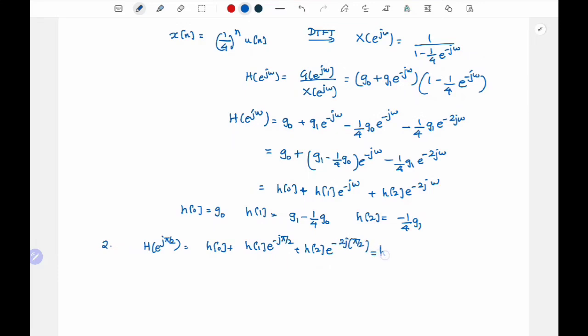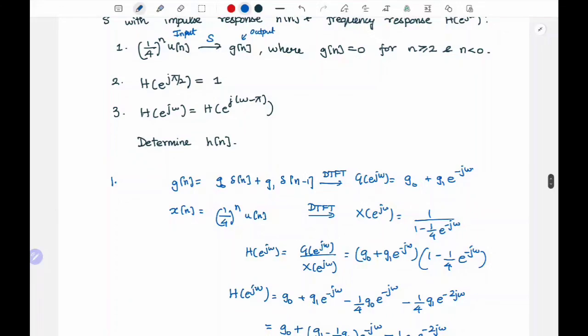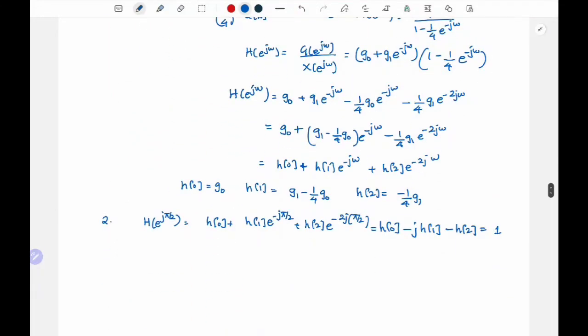So this is going to equal h of 0 minus j h of 1 plus h of 2 into e^{-j pi}, which will give me minus 1 again. So h of 0 minus h of 2 equals 1. So this is my second condition.